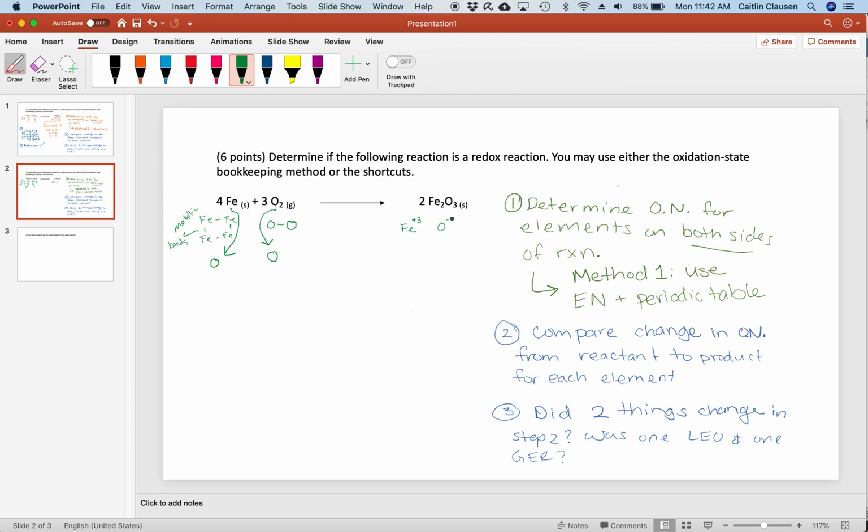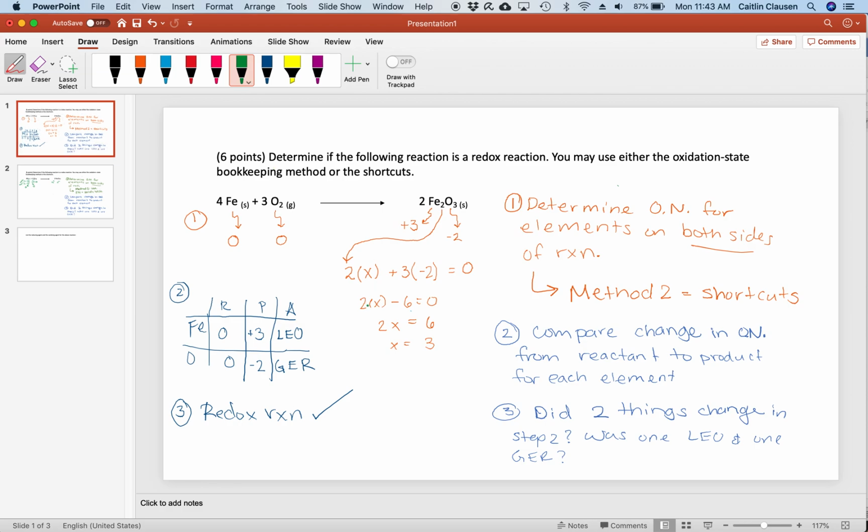This oxygen has a 2- charge just from its state, and I know that it takes 3 oxygens to balance out 2 irons to get a neutral overall compound. But again, these subscripts don't really matter unless I'm checking to make sure that the overall oxidation numbers make the overall charge accurate.